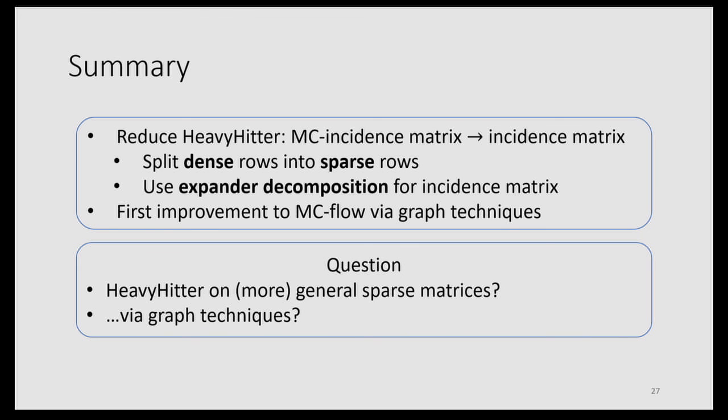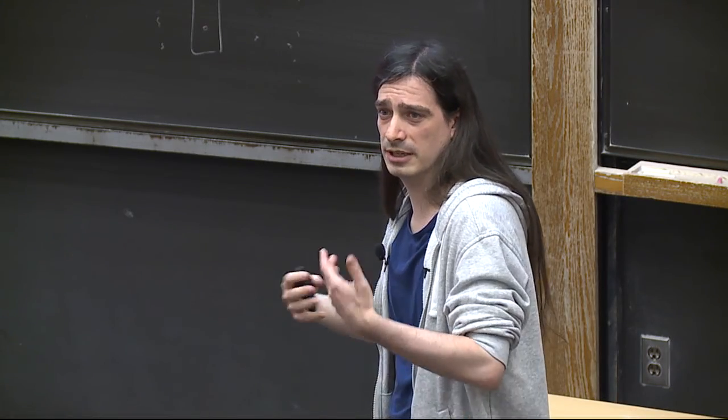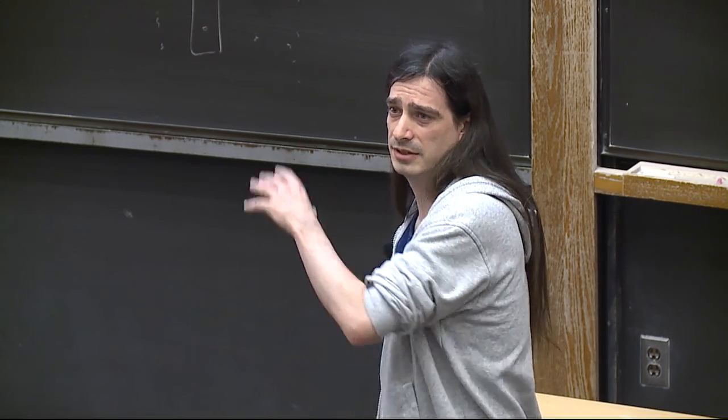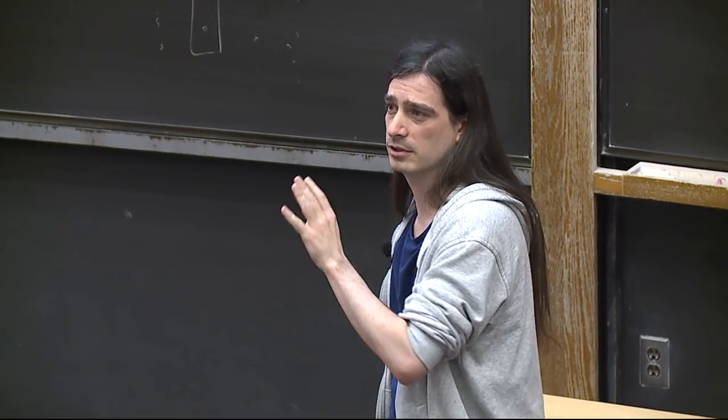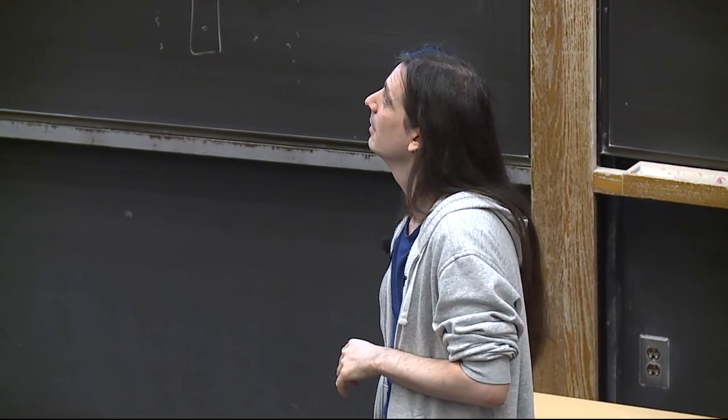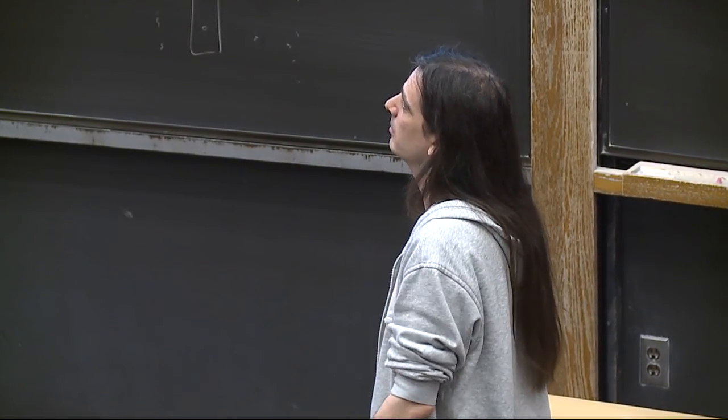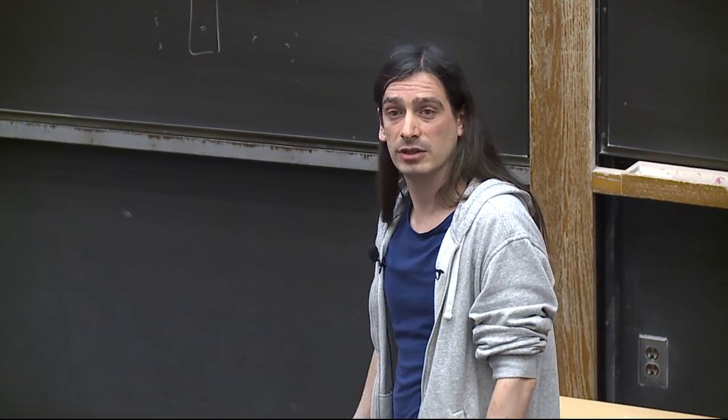An open problem is this HeavyHitter problem: can we solve that on a more general class of sparse matrices? Maybe we can even use graph techniques there, because all of the provable hardness of linear programming is in this other data structure problem about inverse matrices and so on. For just this task of matrix vector product, it might be that graph techniques could actually be helpful.